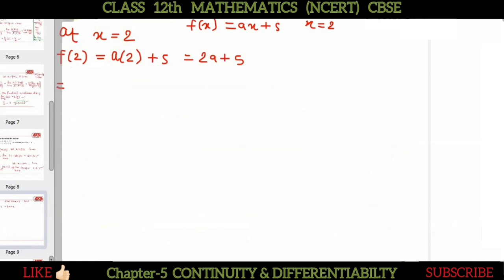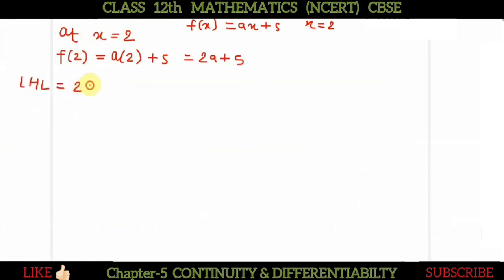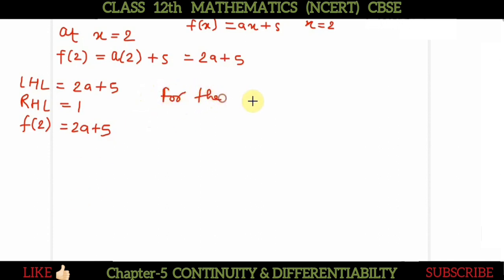So your LHL is 2a plus 5, RHL is 1, and again the value of function at x equal to 2 is 2a plus 5. Okay, now for the function f to be continuous, all three must be equal.